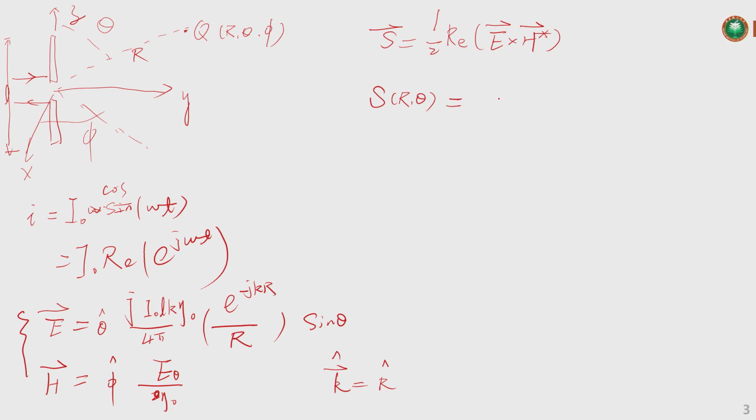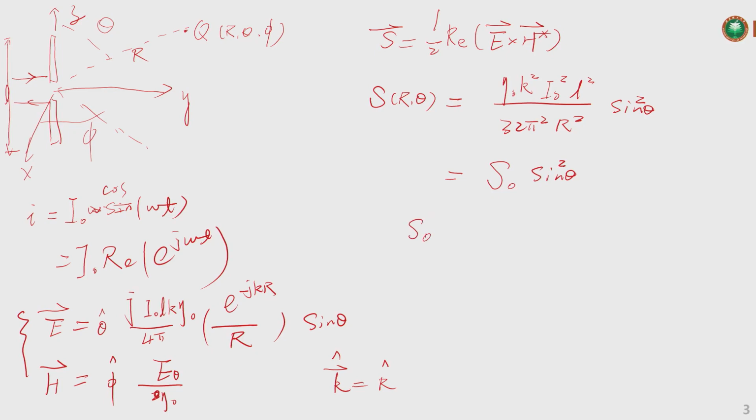It's r theta, and it can be expressed as 32 pi square r square times eta node k square, and also I node square and L square, right? And theta square. So here is the average power density, and it can be expressed as S node times sin theta squared.